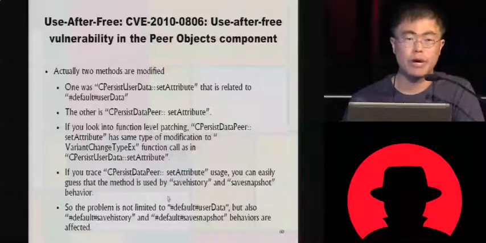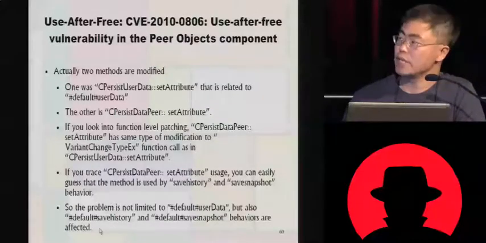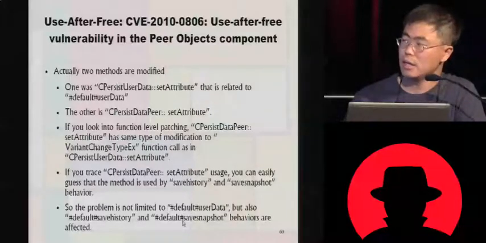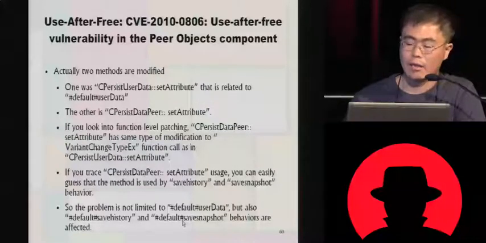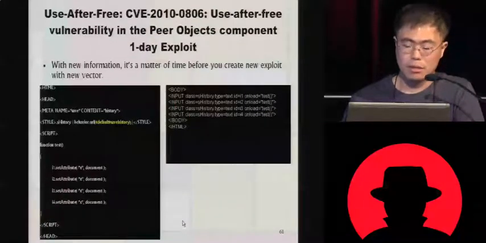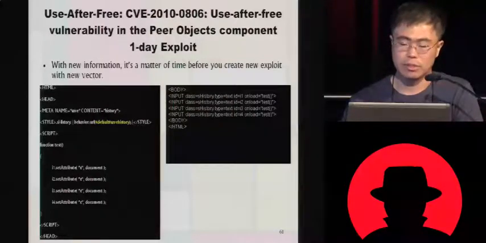So I traced back where this class and method is used, and it's actually from the behavior of default save history here. It's on the bottom, the last line, save history, and default save snapshot. So looks like there is another vector to exploit the same type of vulnerability.